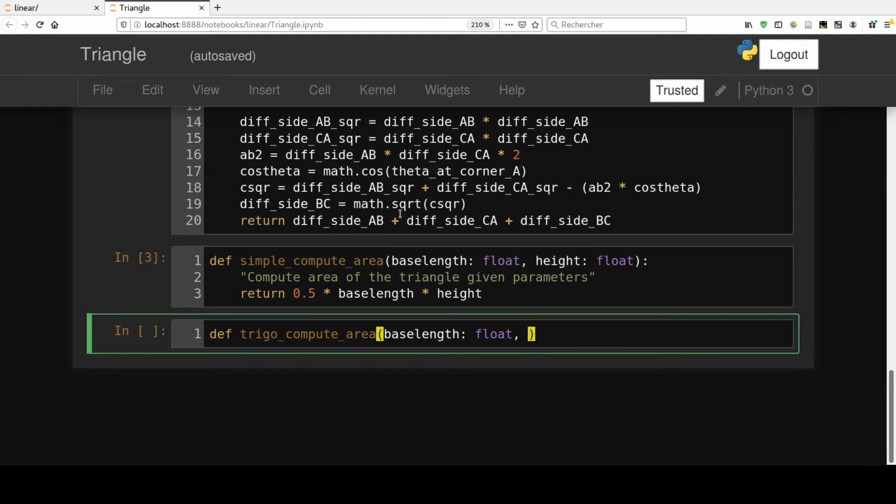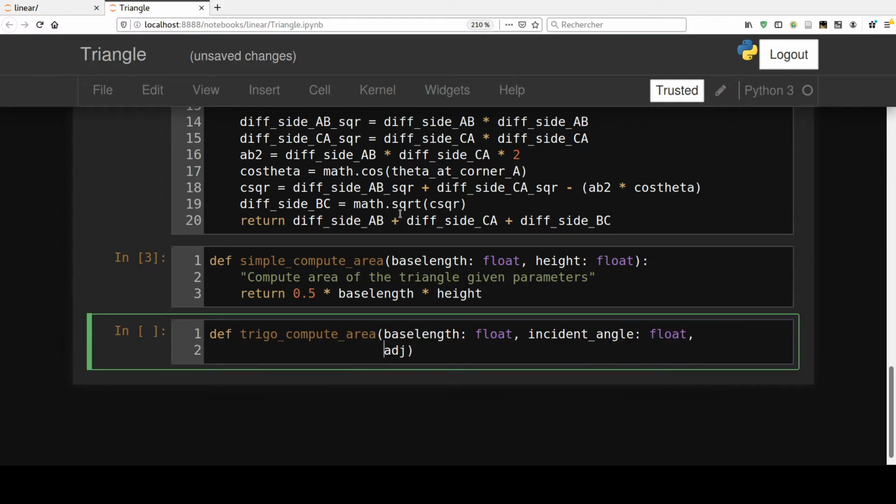So let's say incident angle, float, and the adjacent side. So the adjacent side is the adjacent side of the incident angle. So the incident angle is between the baseline and the adjacent side, basically.